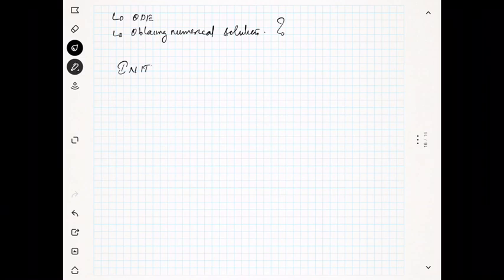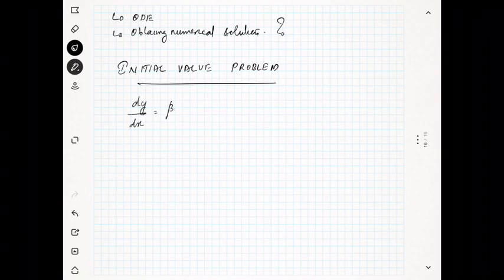So what do we mean by an initial value problem? Suppose an equation is given, dy by dx is equal to something like beta into y, as in the previous case. Now, instead of x I am using t, because it is good to use t, time.